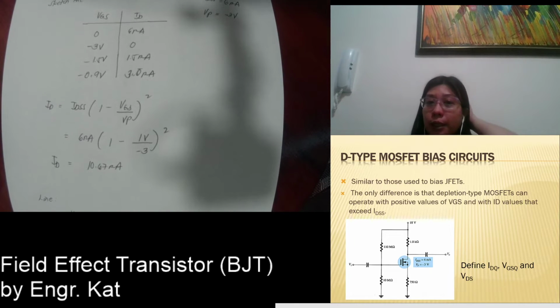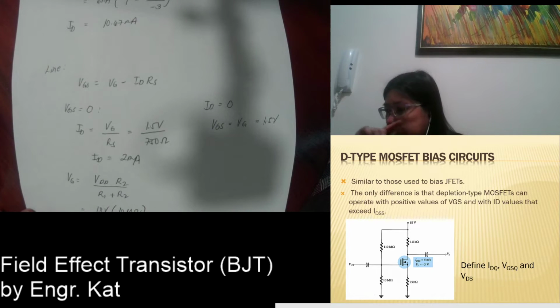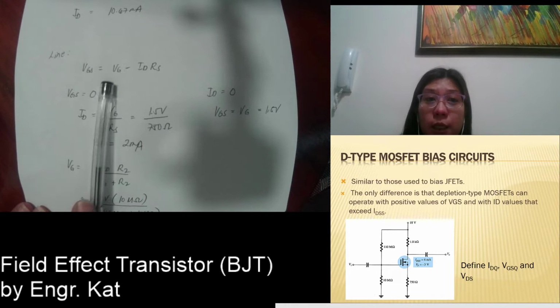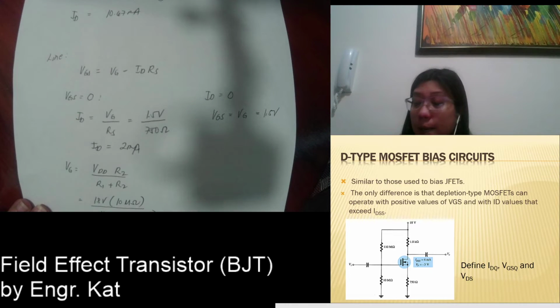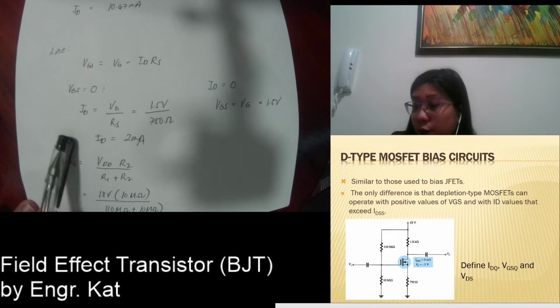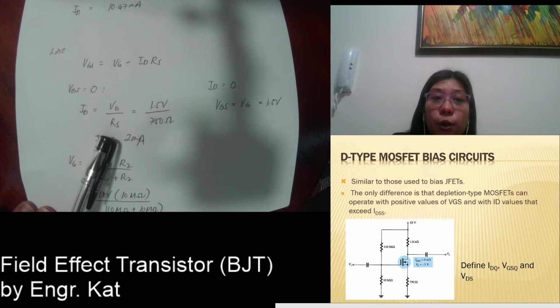For the voltage divider configuration, I can use this formula: VGS is equal to VG minus ID multiplied by RS. When your VGS is equal to 0, my ID is equivalent to VG over RS.